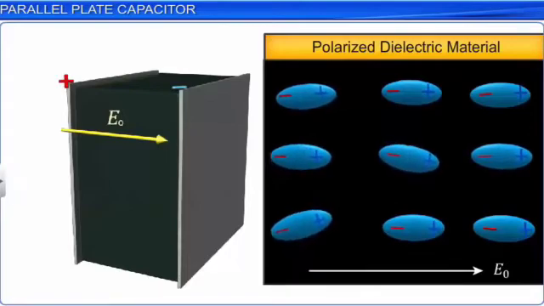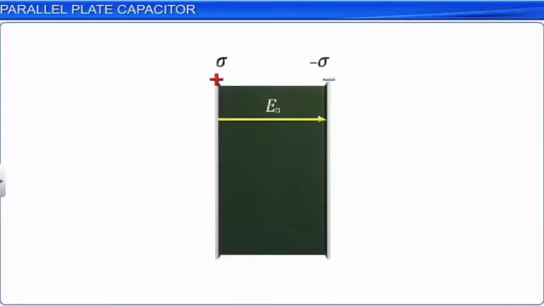The net effect on the dielectric is that there is an induced positive charge density plus sigma dash on the right face and minus sigma dash on the left face. Due to this, there is a weak induced electric field, say E dash, in the direction opposite to that of E naught, since the dielectric material has lesser number of free charge carriers as compared to the metal plates, which are conductors.